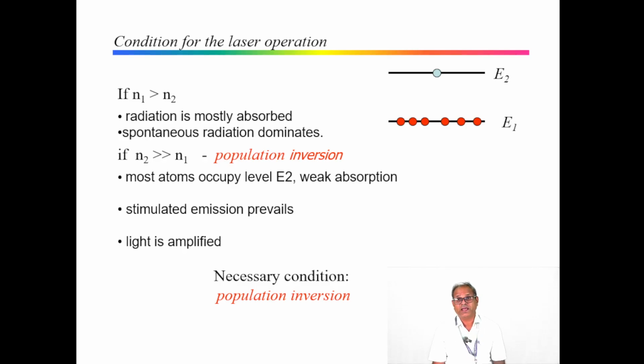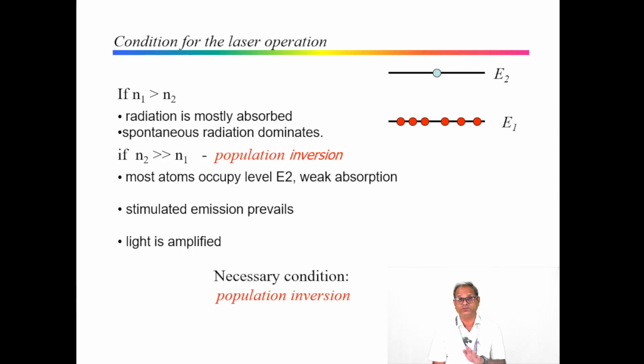You can see in the diagram itself, E1 having sufficiently large number of atoms, and in E2 only one atom is shown. That is, in the normal case, in the equilibrium condition, that is at room temperature, the number of atoms tries to reside at the ground state, at the lower energy state. So, N1 is greater than N2.